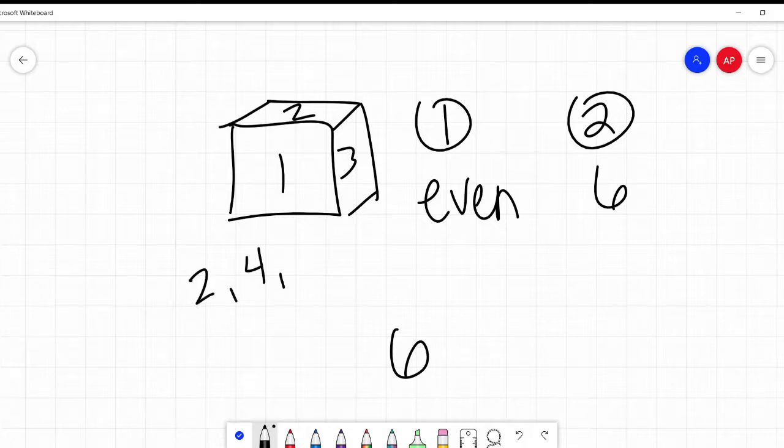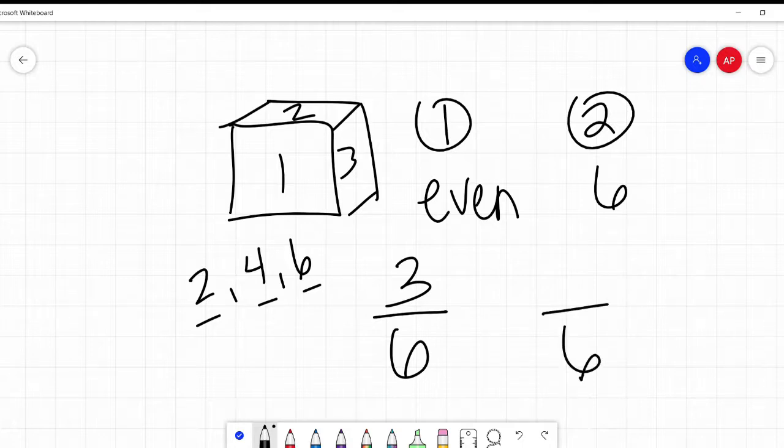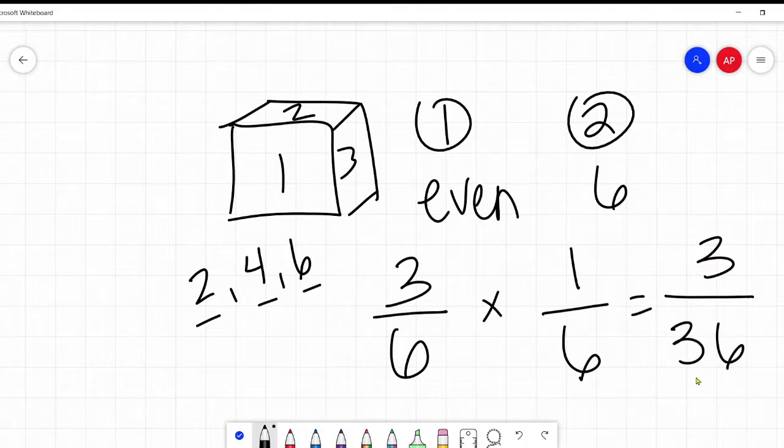There's 2, there's 4, there's 6. 3 possible options. So 3 out of 6. To roll a 6 on the second one, there are 6 possible options. 1 of those is 6. I multiply. 3 times 1 is 3. 6 times 6 is 36.